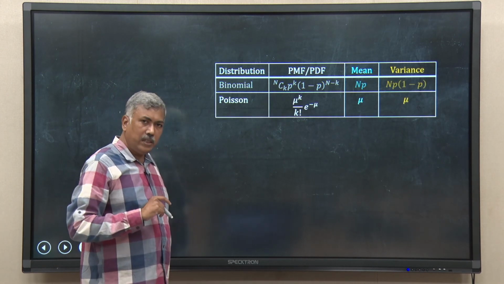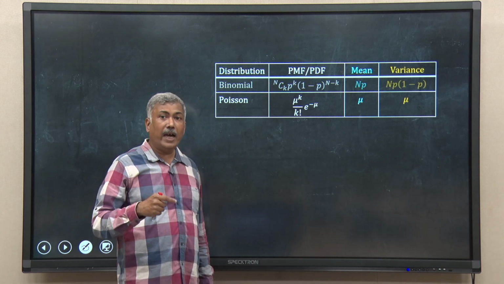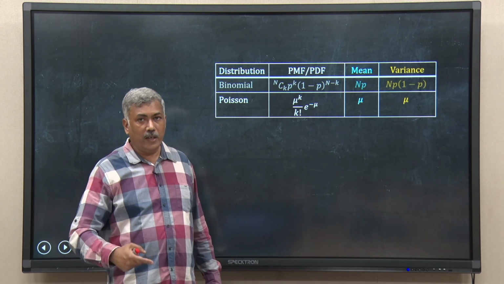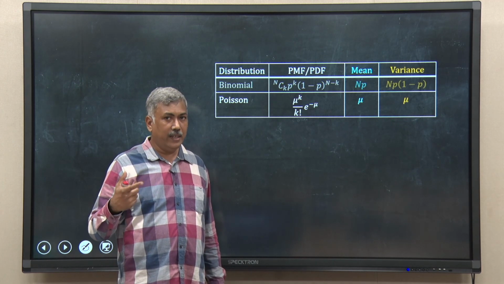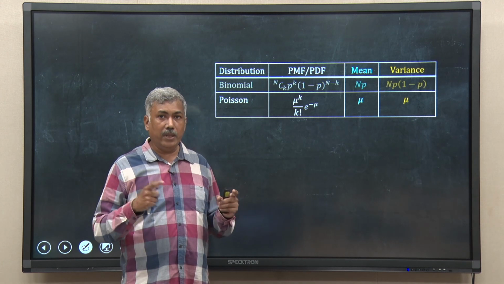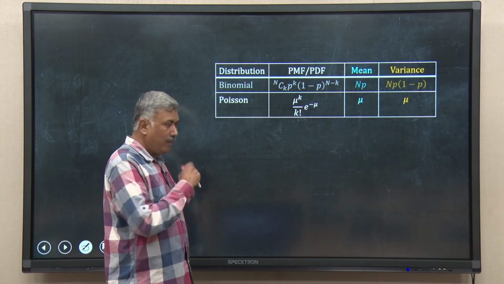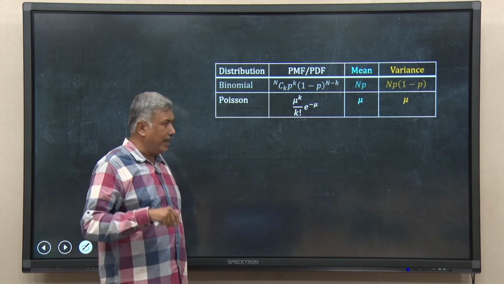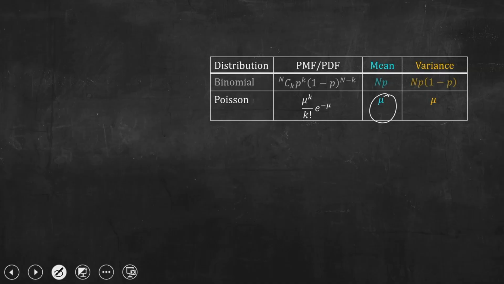And the Poisson distribution has something very funny. Remember, we were talking about an event happening independently with a constant rate, and we are trying to find the number of events happening in a particular interval of time or space. In this case, the PMF has one parameter, mu, the mean. It can be shown that for a Poisson distribution, the mean and the variance are both the same, that is mu.